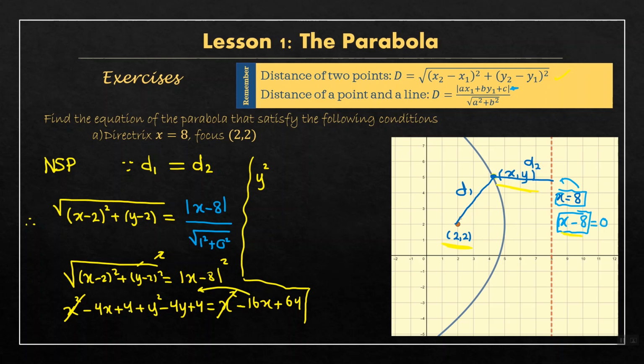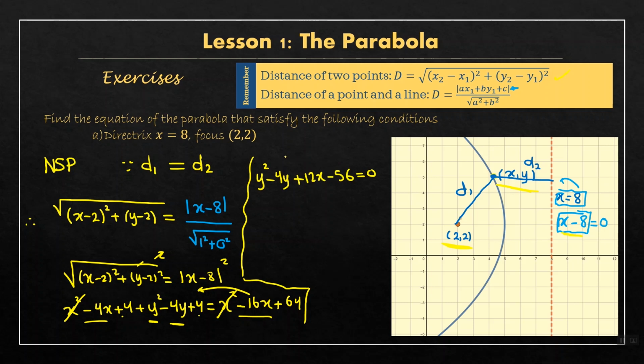Negative 4x plus 16x is plus 12x. We have a minus 4y. So y squared minus 4y. 4 plus 4 is 8. And if you move this here, it will be minus 64. 8 minus 64 is minus 56, is equal to 0.